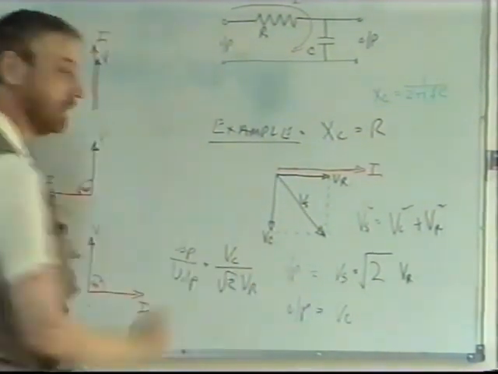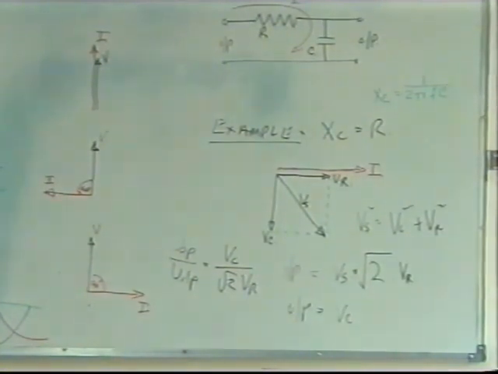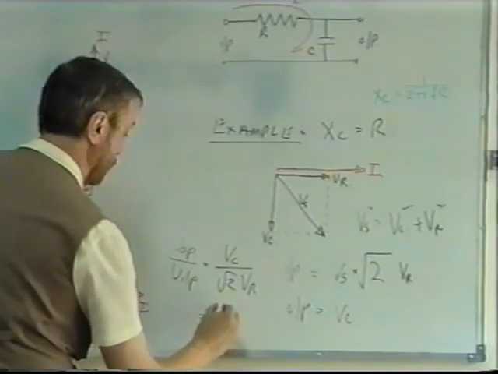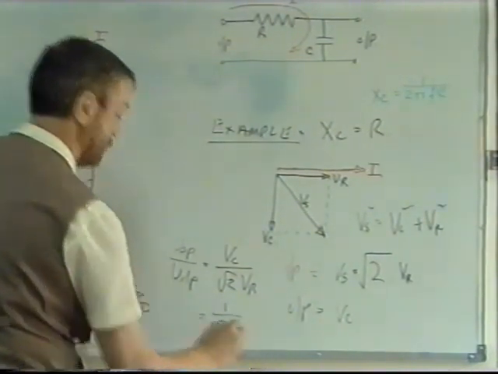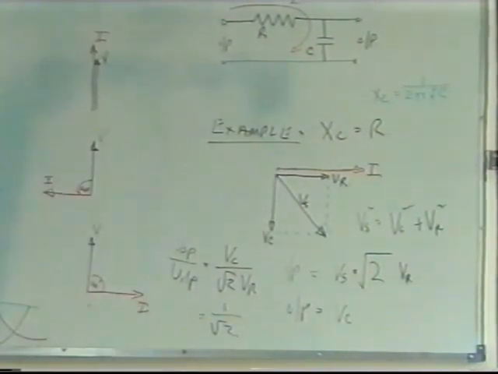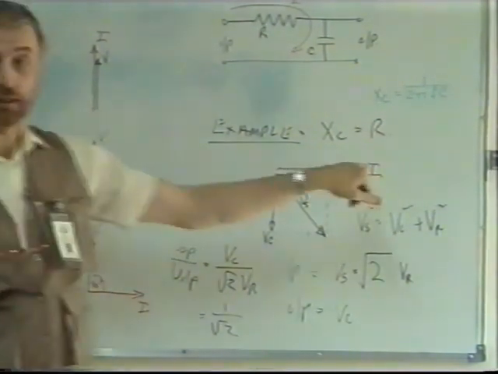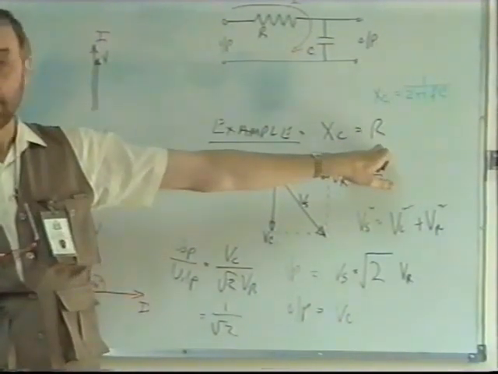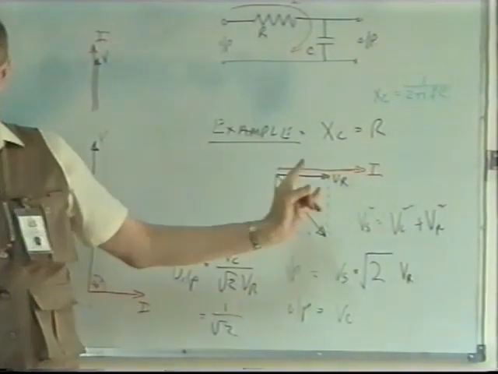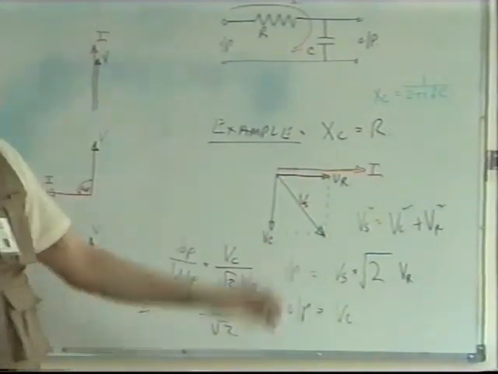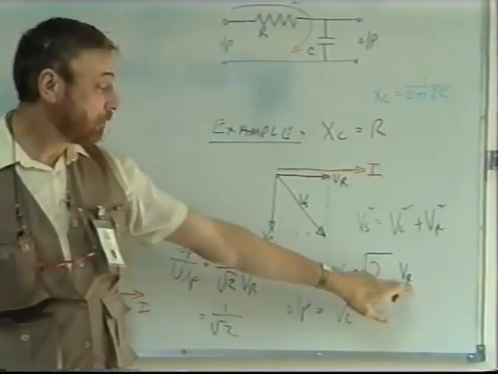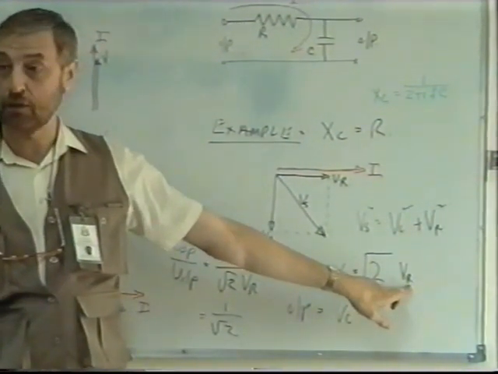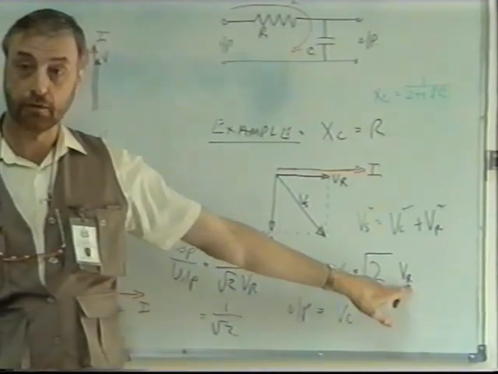Now, VR and VC are the same, so the output over input is 1 over root 2. Take the R out? Well, what I'm saying is, in this example, if XC is equal to R, then VC and VR are equal. Agreed? So I could put VR or VC here, it doesn't matter which one I use.